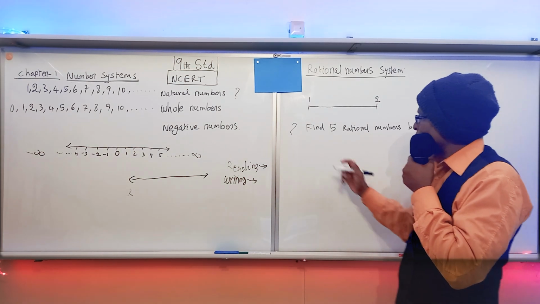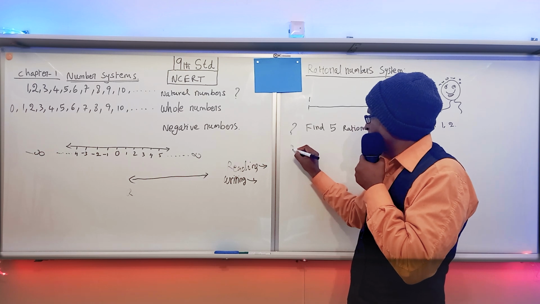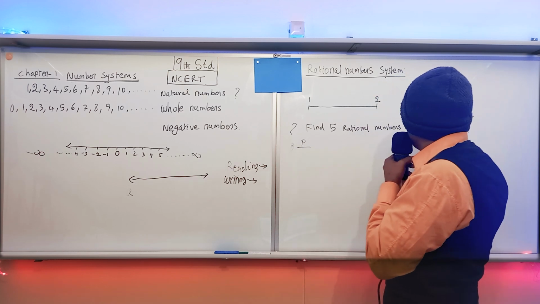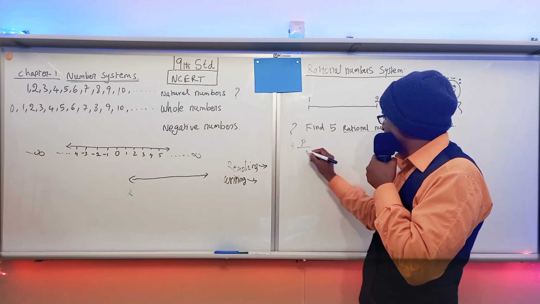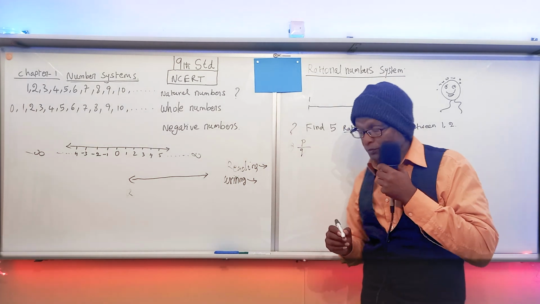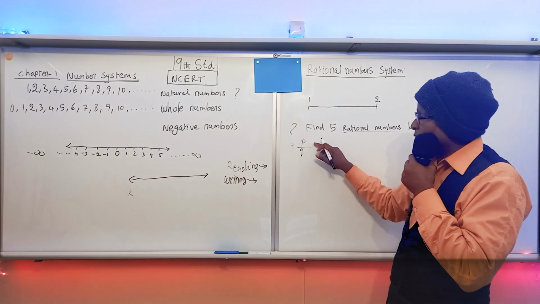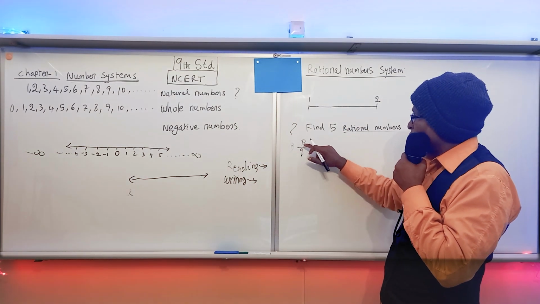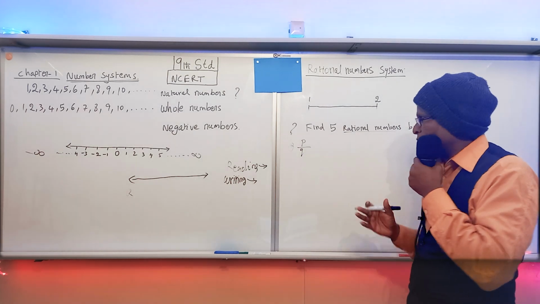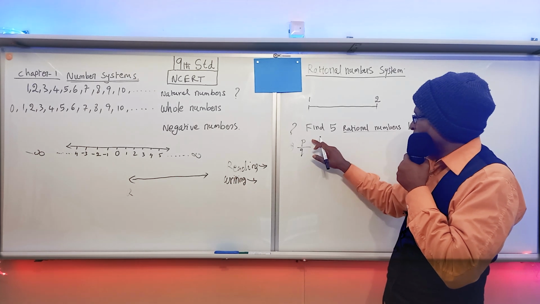So we know, where do you start? Step 1. We know they ask for a rational number. So the format is P by Q. That's the shape, the design of a rational number. It has to be integer.